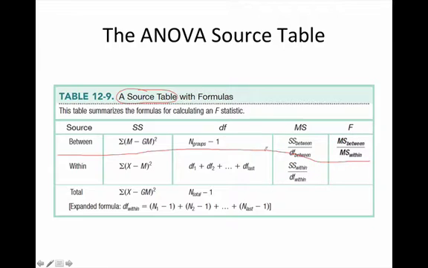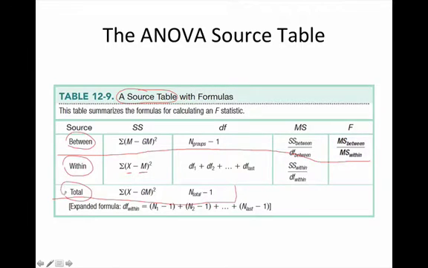It has the between groups variability, it has the within groups variability, and then there's also a component of total variability. So we talked about between group sums of squares being the sum of the group means subtracted from the grand mean. We talked about the within groups variability being the sum of the square deviations of the individual x values from their respective group means.